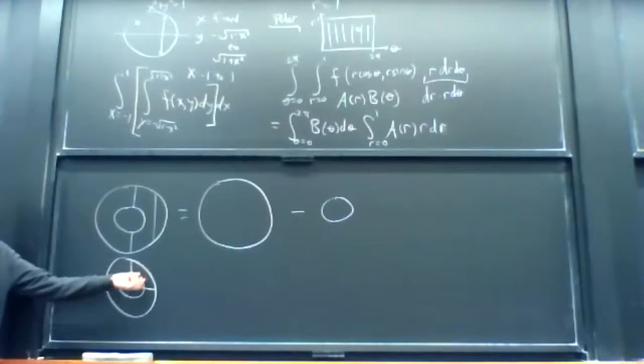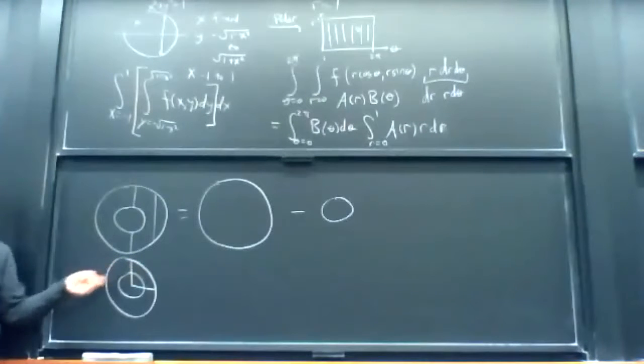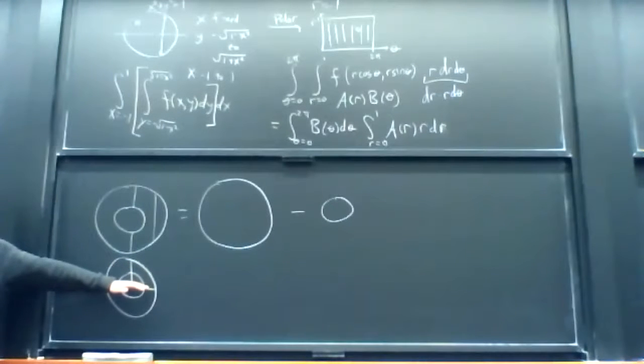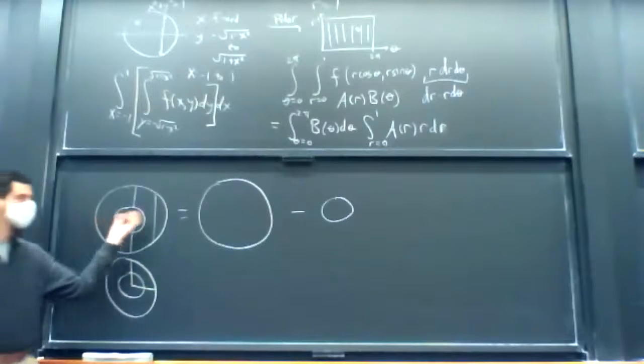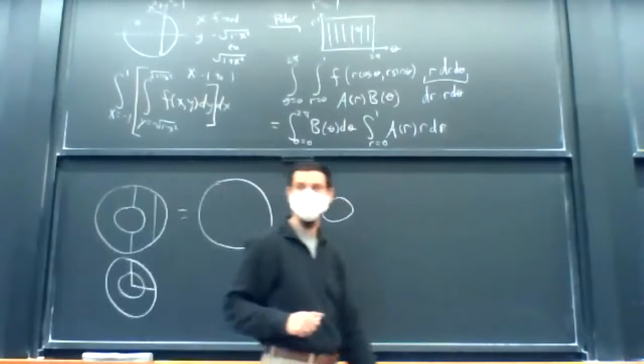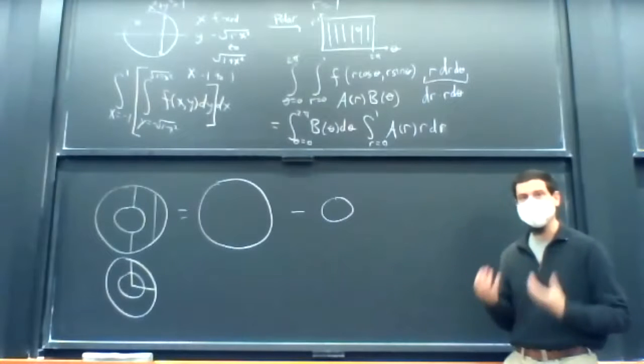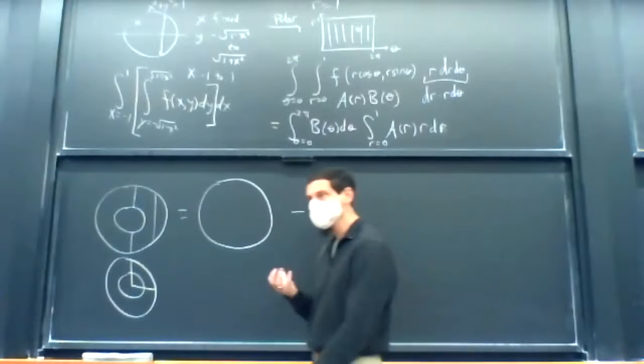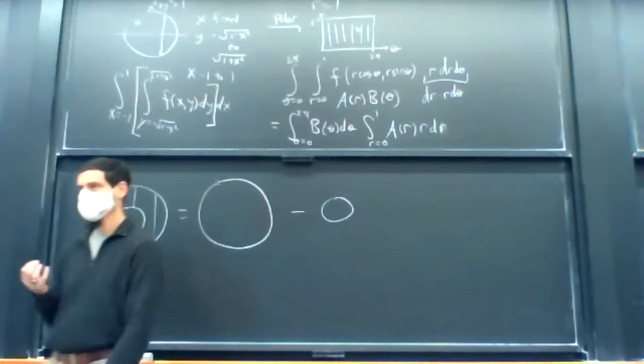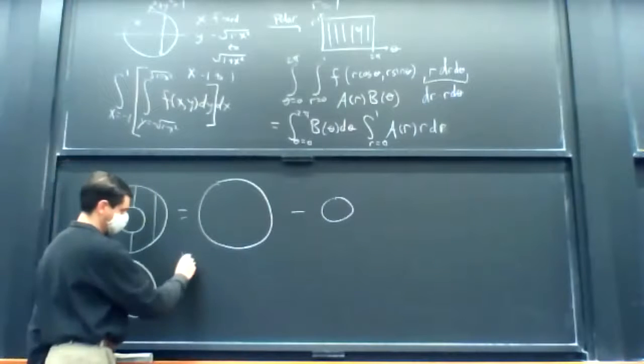And then each one of these would be horizontally simple. And you would have 4 such integrals to do. Or you could maybe do it as a semicircle. I think it's much easier to just break it up as the big circle minus the small circle. And so always be thinking, how can I take whatever I'm given and reduce it to what I can do well? So this is the principle of the hammer.